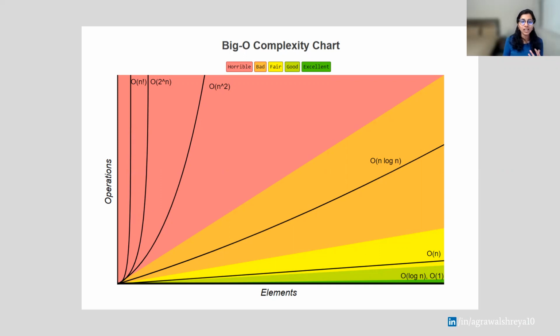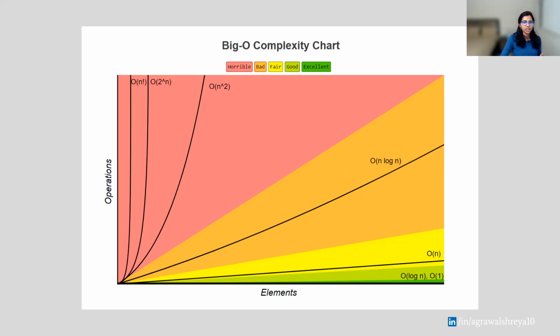In that case, n log n is the best case. You cannot resolve them in O of n or log n. So that is where n log n becomes the best one, but definitely it is not considered a good one. We should always try to focus on log n or order of n if we can, to solve any problem. We should always focus on those areas.